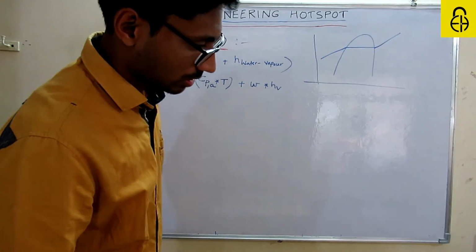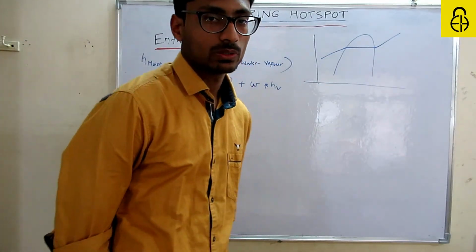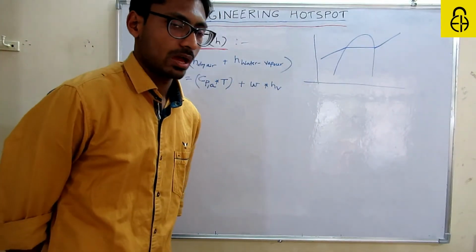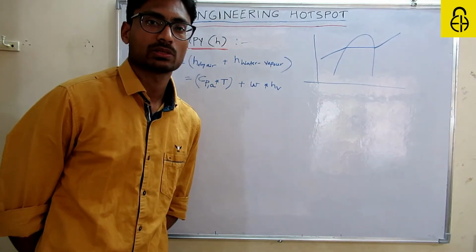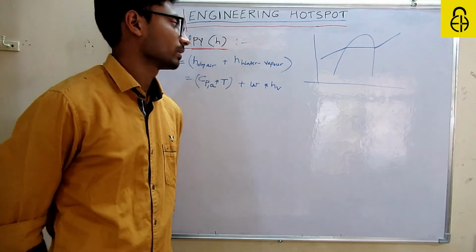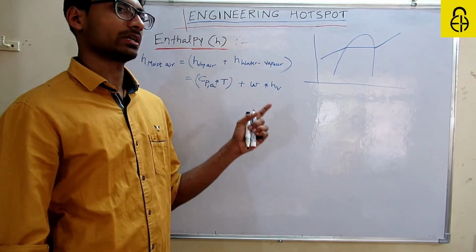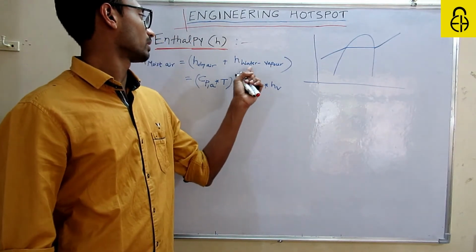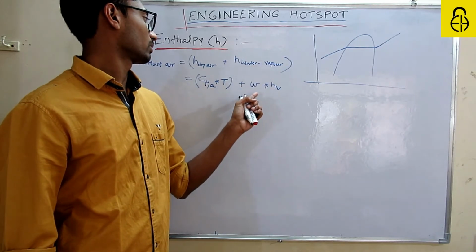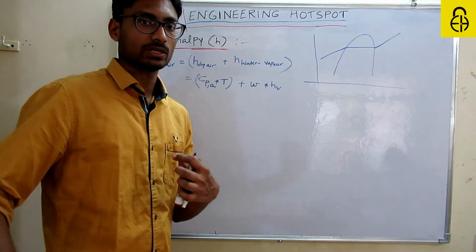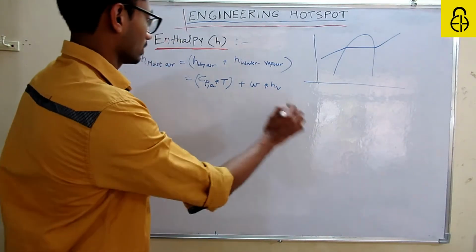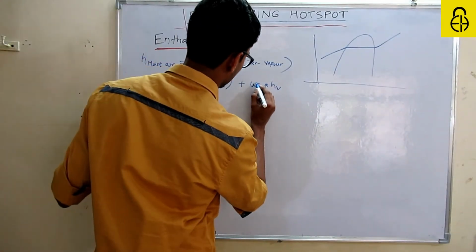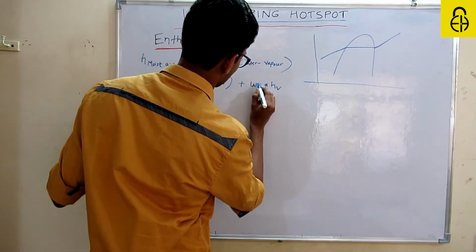Because omega is the specific humidity, the mass of vapor in some sample to the mass of dry air in the same sample. So when you take the vapor quantity into account, omega comes into the picture. Then this will be omega into HV.